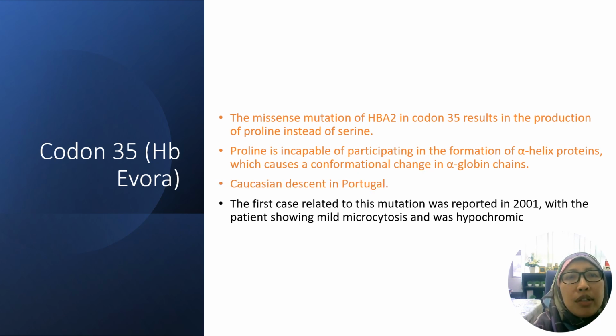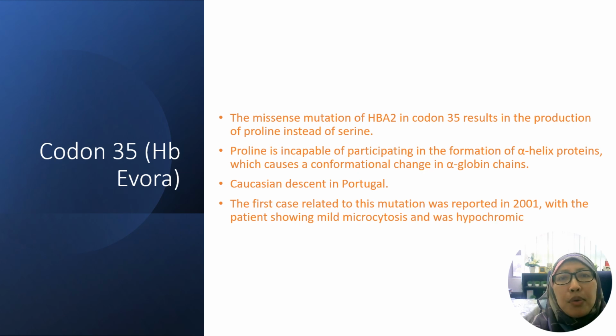And this mutation was reported among patients of Caucasian descent in Portugal. The distribution of this mutation remains unknown as it is rarely reported. And the first case related to this point mutation was reported in 2001, with patients showing mild macrocytosis and being hypochromic.